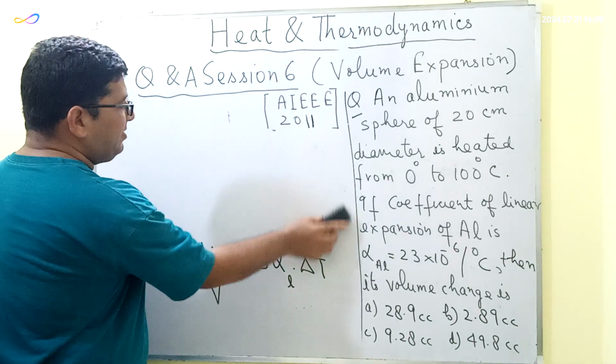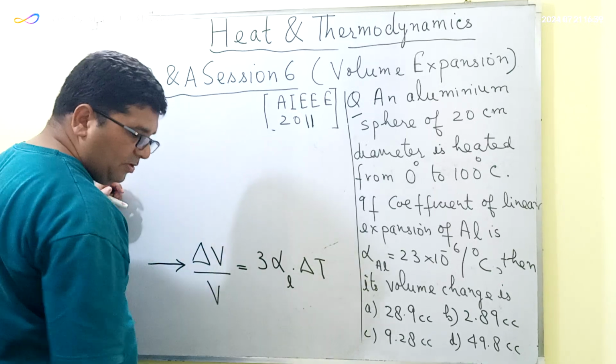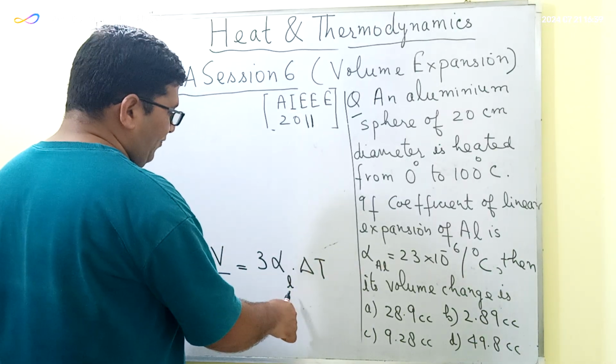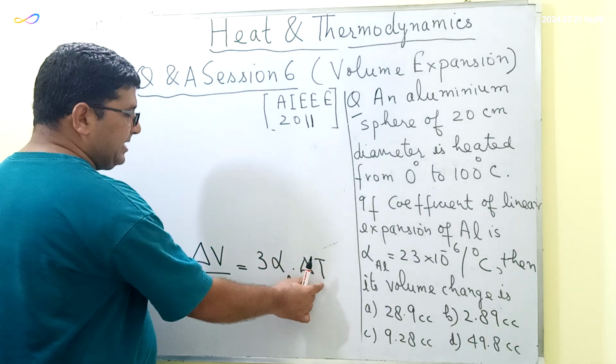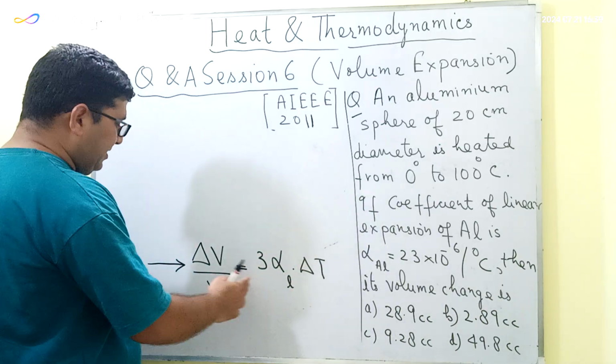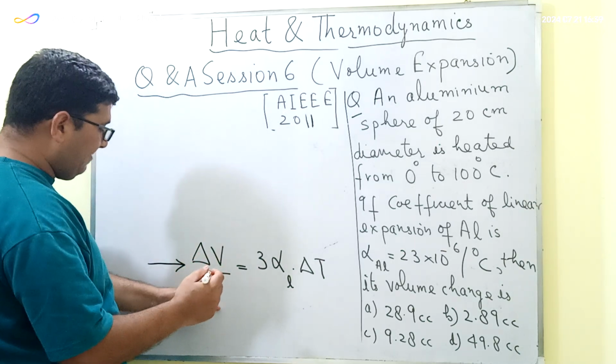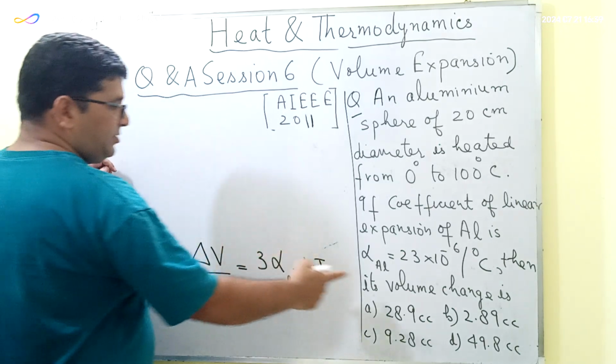This question is very easy, and we now have to simply put the values of alpha, that is the coefficient of linear expansion, and delta T equal to 100 degrees centigrade, and calculate the value of V in order to find the change in the volume.